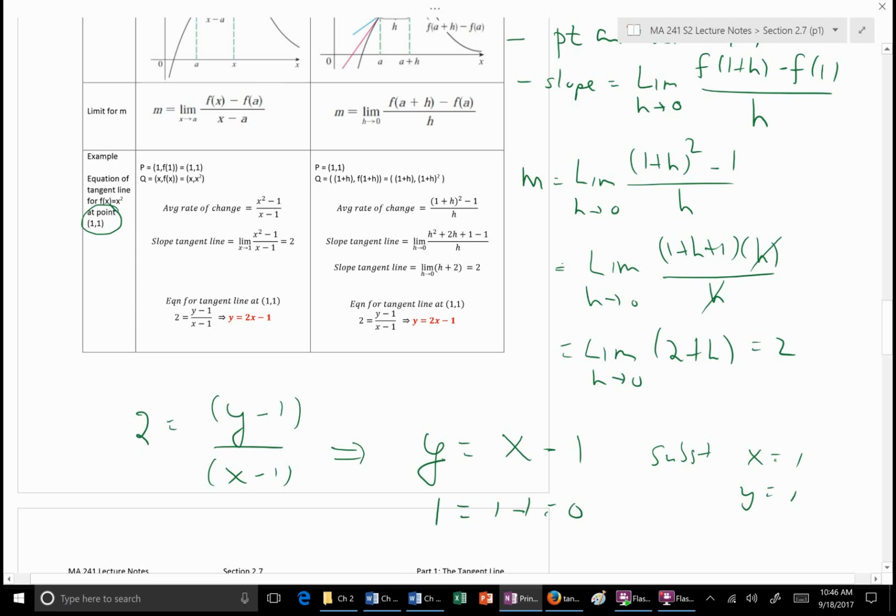This is a good way to check yourself. What did I do wrong? I didn't multiply by 2, right? So that's the right answer. How do I know? I check myself. Now I put x equal to 1, y equal to 1. Is 1 equal to 2 times 1 minus 1? Well, even I can do that. That makes sense. It's always a good idea to check yourself.